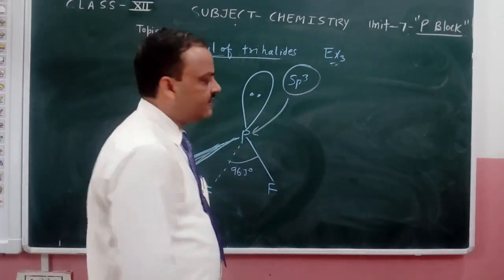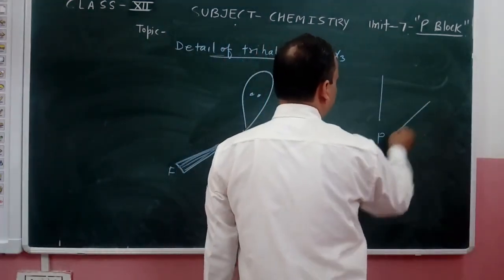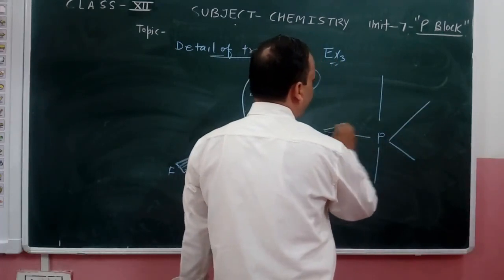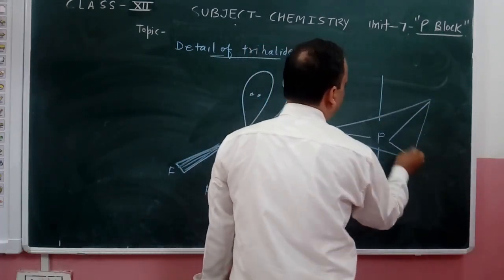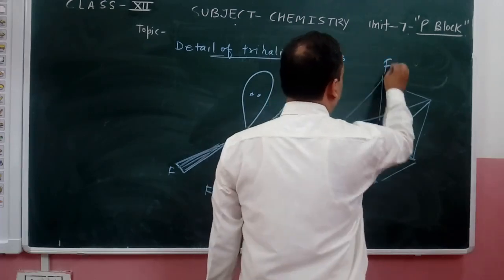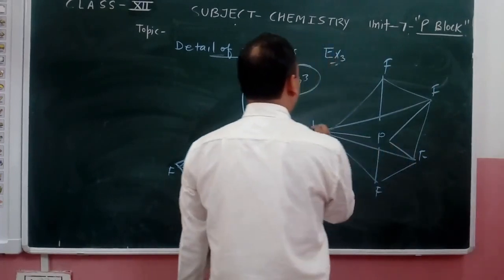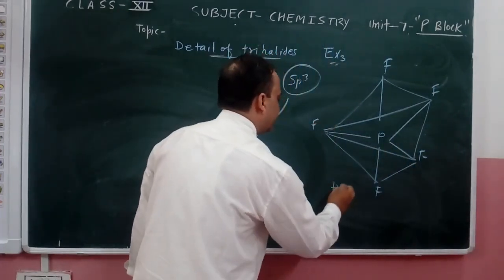When we discuss the pentahalides, what kind of structure do these pentahalides have? They have a trigonal bipyramidal structure. That is a trigonal bipyramidal structure of these pentahalides.